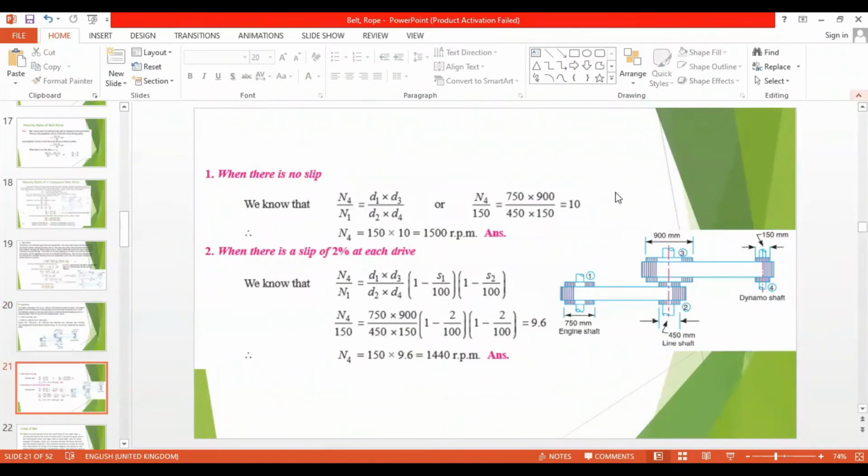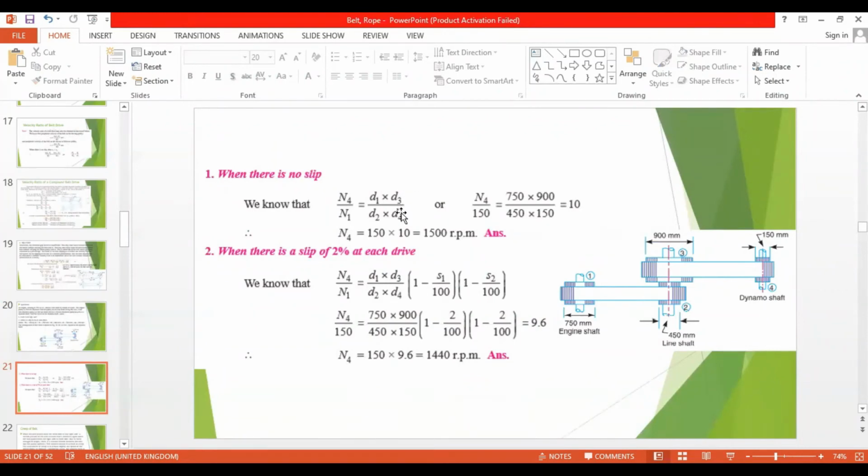According to the compound drive equation, n4, that is the last driven, upon n1, the first driver, equals d1 by d2 into d3 by d4. This is the equation we know.